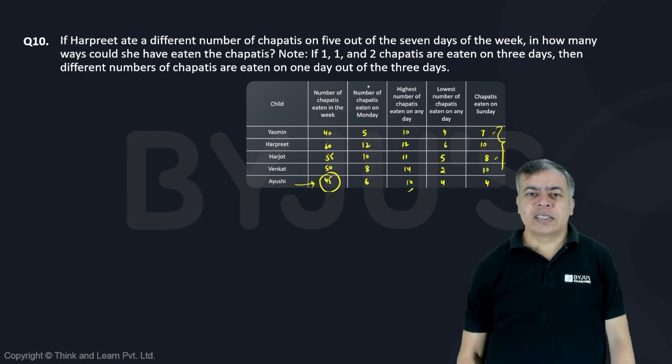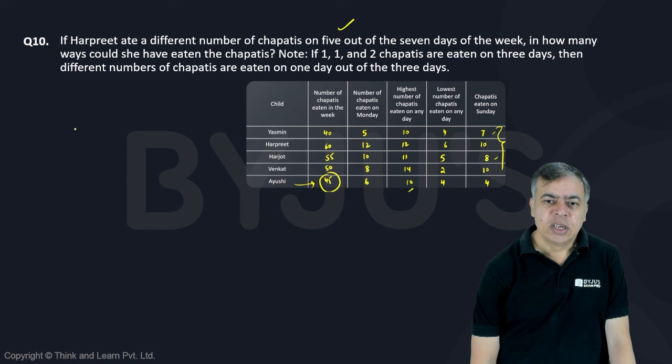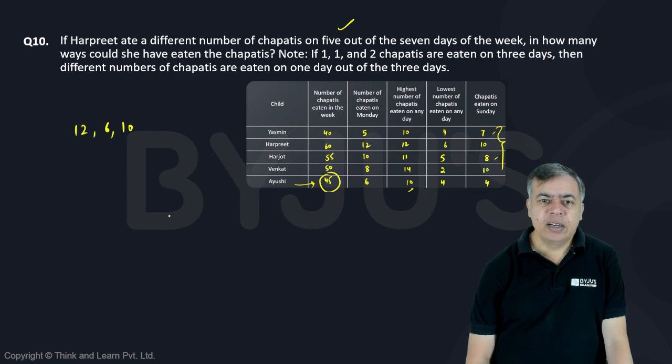So here when he says that 5 out of the 7 days the number of chapatis are different, right, for Harpreet. So for Harpreet, we know the chapatis are 12, 6 and 10. Okay, we have 12 highest and then 6 and then 10, right, and the total number of chapatis are 60, right, and it is 12, 6, 18 and 10, 28.